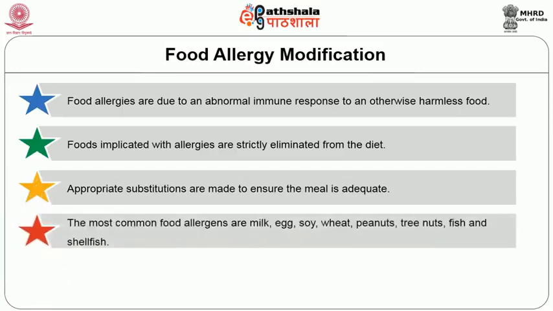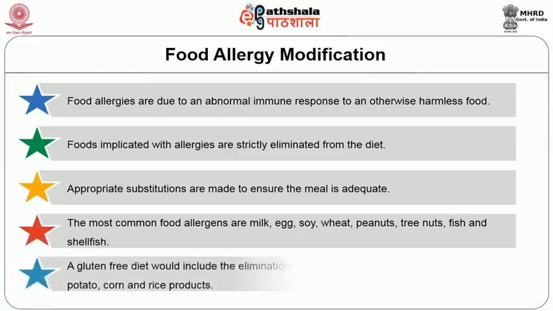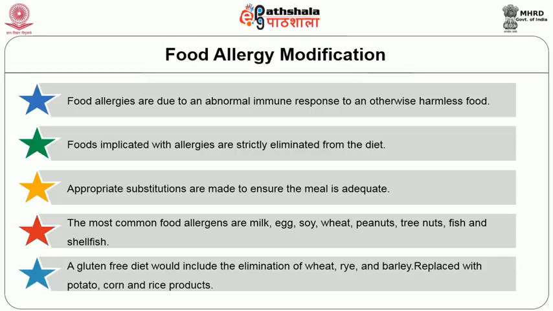The most common food allergens are usually the protein-rich sources: milk, egg, soya products, wheat, peanuts, fish and other products. Here in these conditions, a gluten-free diet would include the elimination of wheat, rye and barley products, replaced with potato, corn and other cereal-based products.